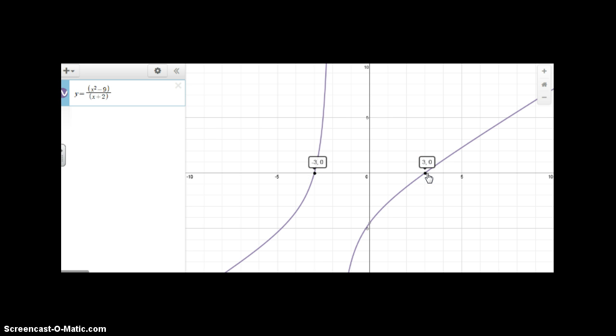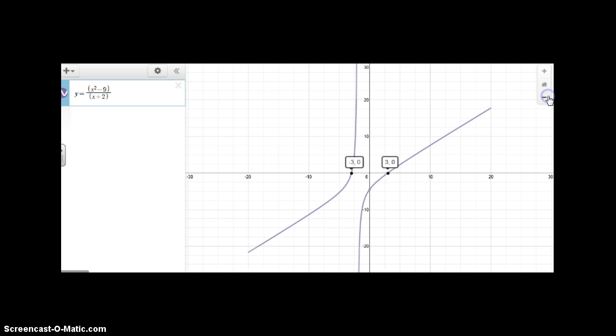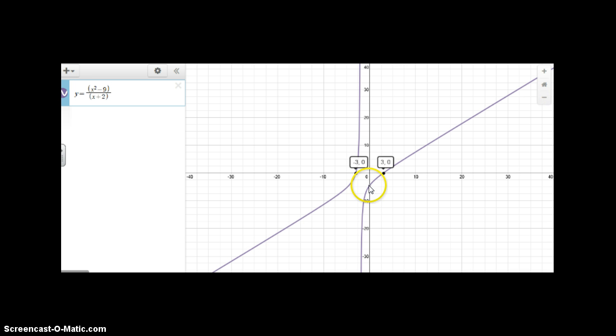My x-intercepts are negative 3 and positive 3. And my y-intercept, where does it cross the y-axis? Let's go ahead and zoom out just to make sure we can see where it crosses the y, and it crosses the y-axis at negative 4.5 or negative 9.5. And the answer is D.